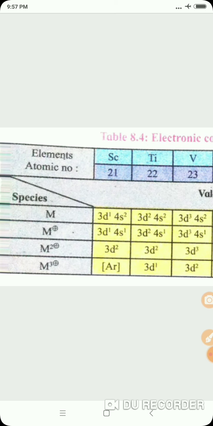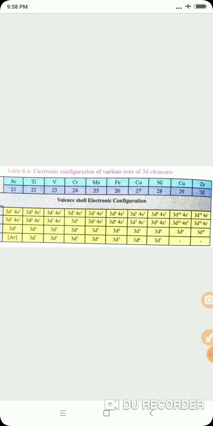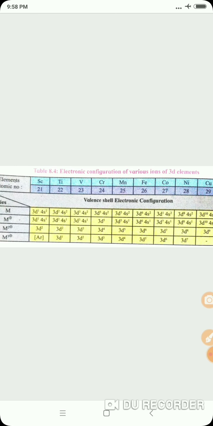Similarly for titanium, vanadium, and so on, this is the electronic configuration of various ions of the 3d elements. It shows how ions are formed from the element. When there is a loss of electrons from the 4s orbital or the 3d orbital, the metal atom gets converted into a particular metal ion, that is M+, M2+, M3+ and so on.